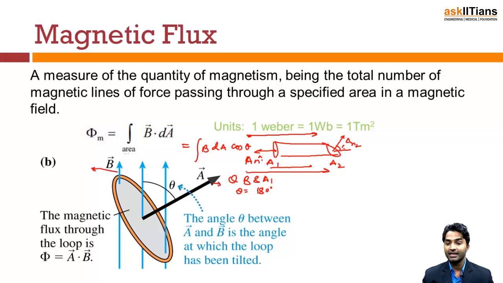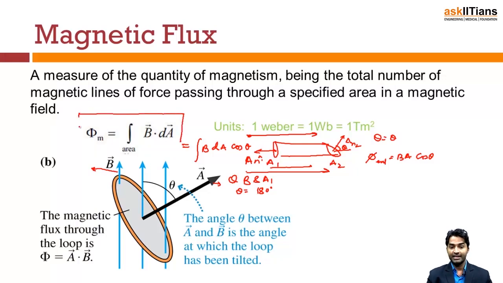And this one makes an angle theta. So the flux at the exit point is equal to B into A cos theta of this section. There are lots of examples that can be covered in magnetic flux, but we must understand the formula for magnetic flux, that is this.